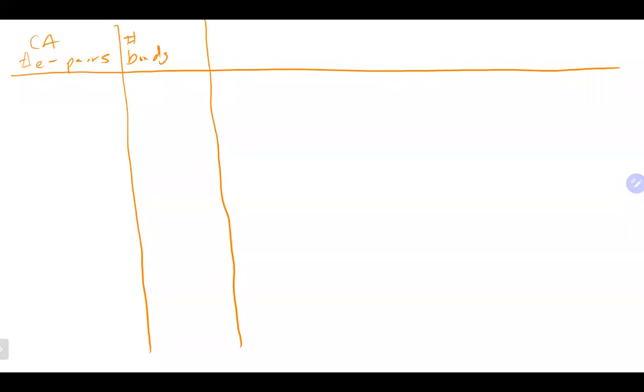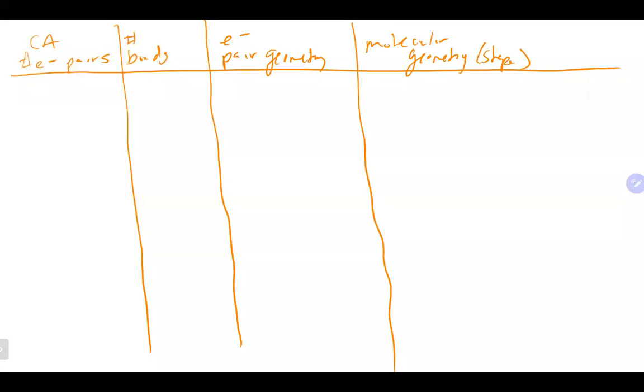And then that's going to give you your 2 names, your electron pair geometry name and your molecular geometry name or your shape. So basically 2 electron pairs, 2 bonds, that is going to be linear on both of these guys.